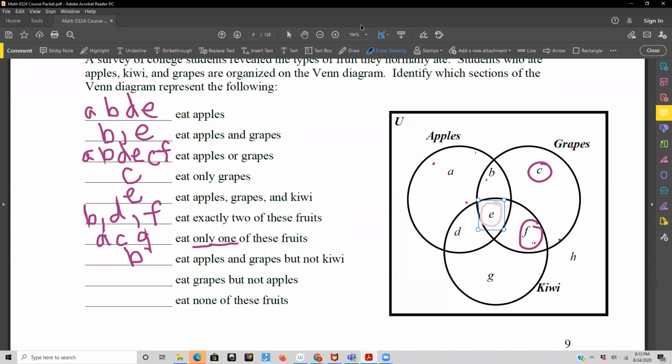So that's going to be C and F. And the ones that eat none of those fruits, that's the guy on the absolute outside of the circle, so that would be it. All right, so there's my page. So that's a three-circle Venn diagram, just a little more complicated.